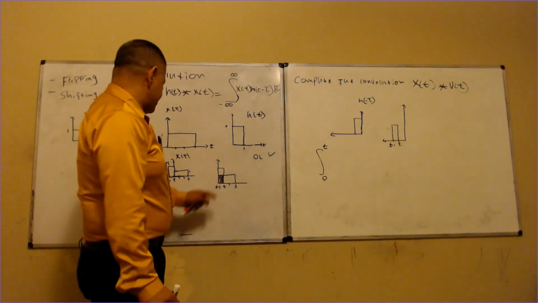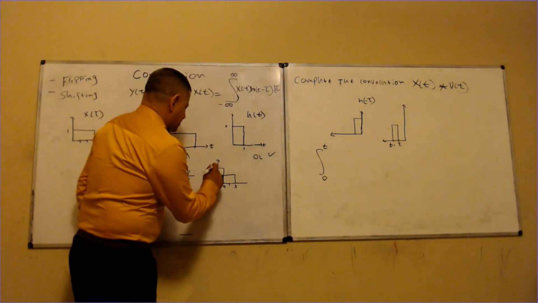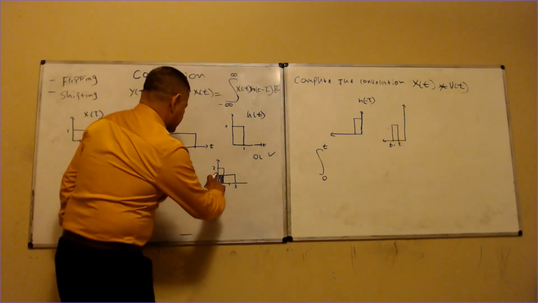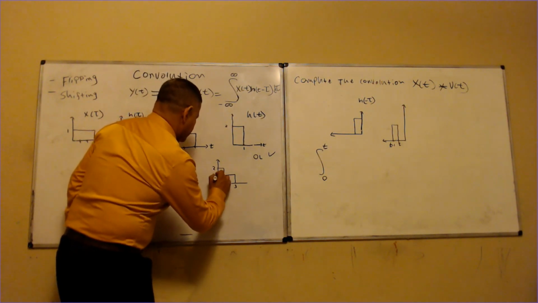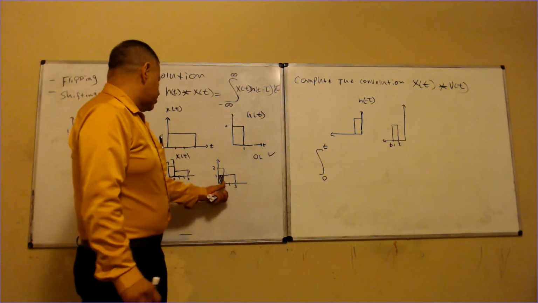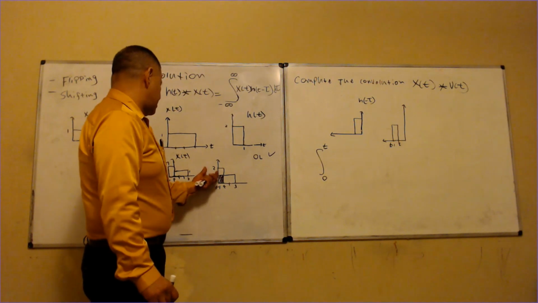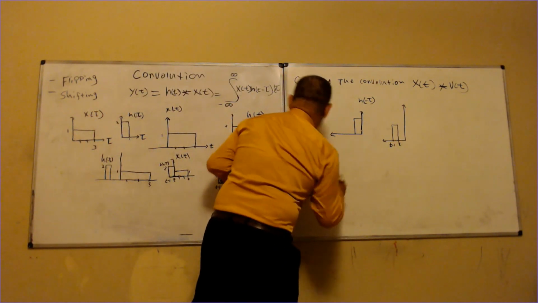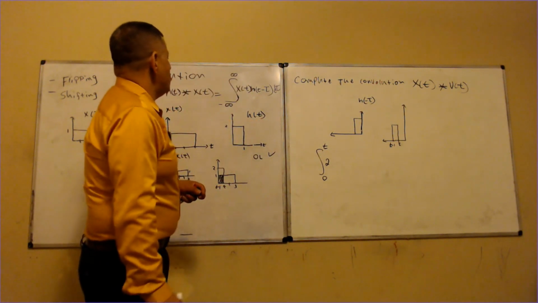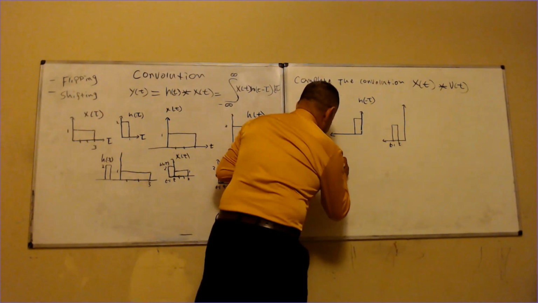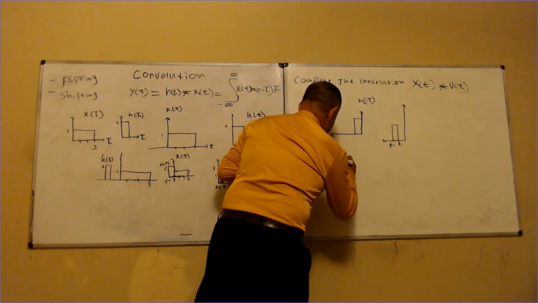Now, what is the value? Well, this is 2 and this is 1. So this one is going to be 2. And it's going to be 2 what? 2 simply d tau.